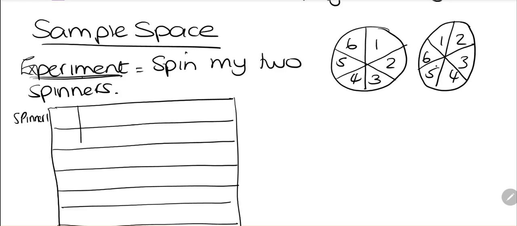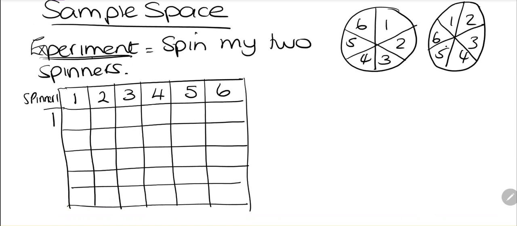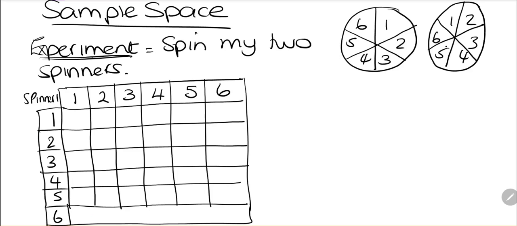So all our options, we could have a 1, a 2, a 3, a 4, a 5 and a 6 on spinner 1, and on spinner 2 we could have a 1, a 2, a 3, a 4, a 5 or a 6. So let's just add. In my experiment, I'm going to spin my two spinners and I'm going to add the scores. So I'm going to find the sum of my two spins.